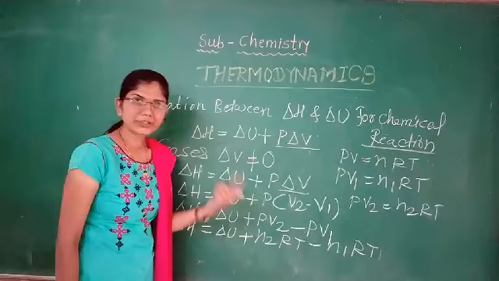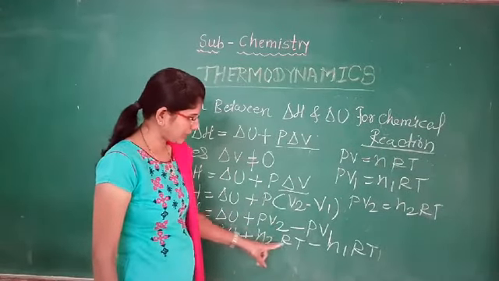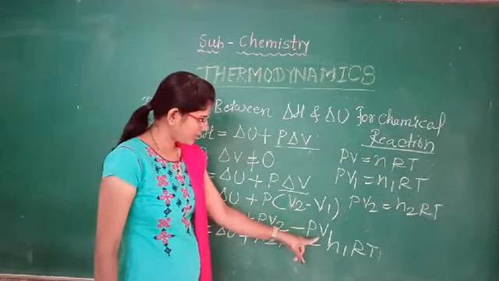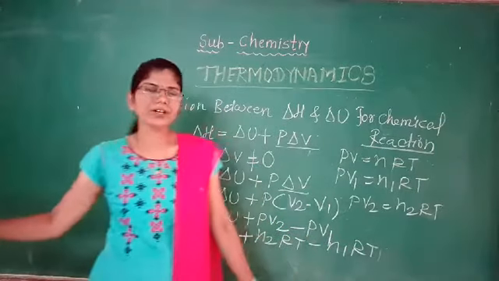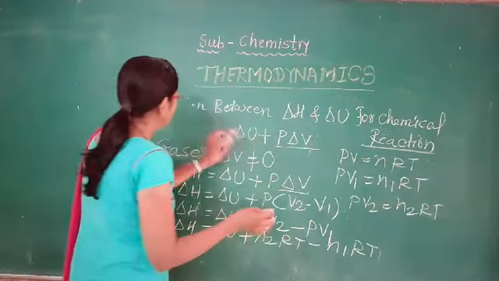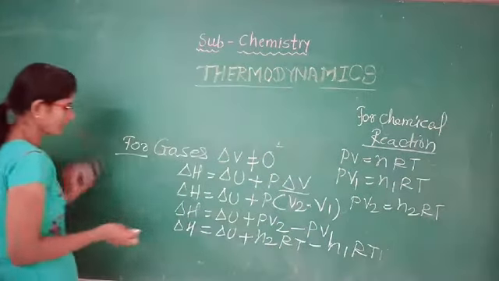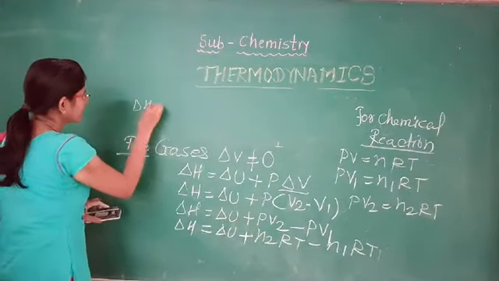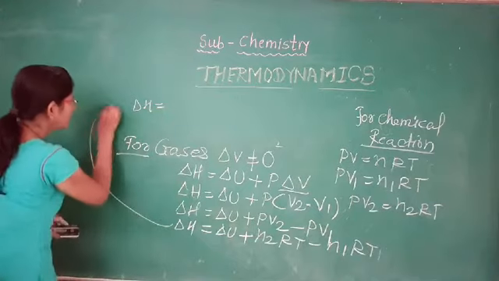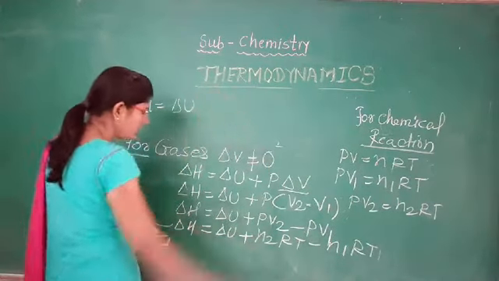Then according to the gas equation, PV2 is equal to N2 RT, and PV1 is equal to N1 RT. So next here we can write it as delta H equal to delta U.